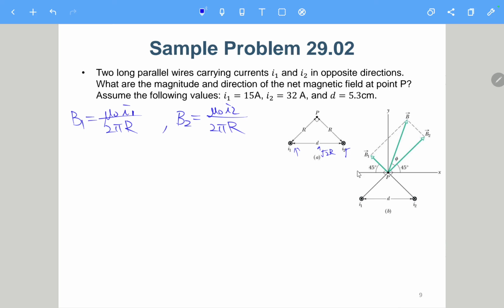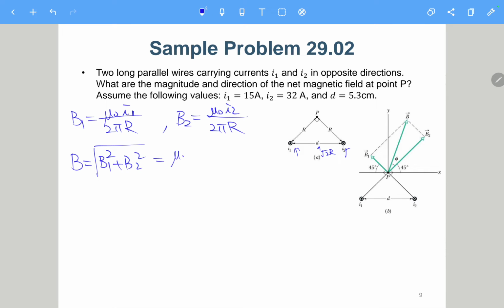So we are able to find the directions of B1 and B2. And as this one and this one are perpendicular, B1 and B2 are also perpendicular to each other. So finally, the magnitude of B should be B1 squared plus B2 squared, and then take the square root, due to the Pythagorean theorem.